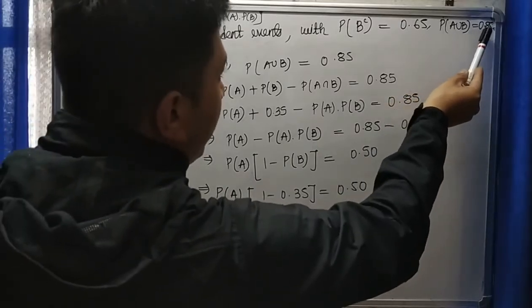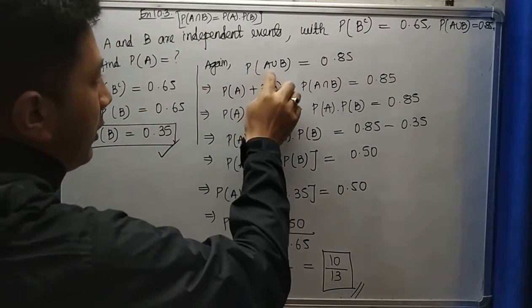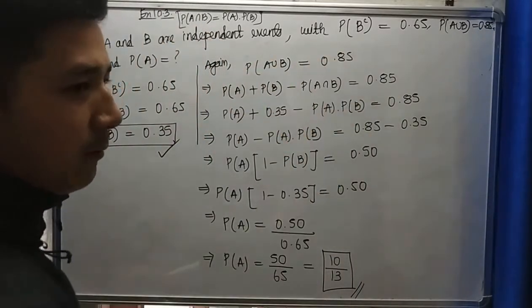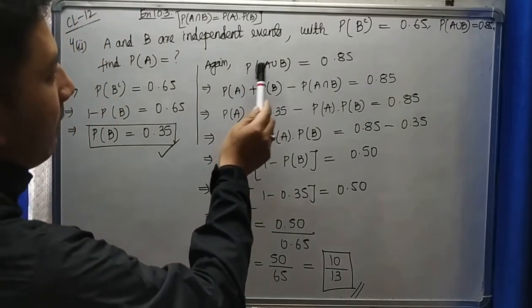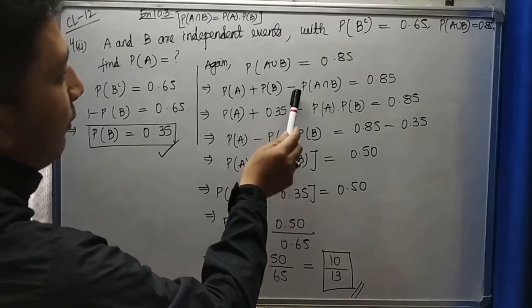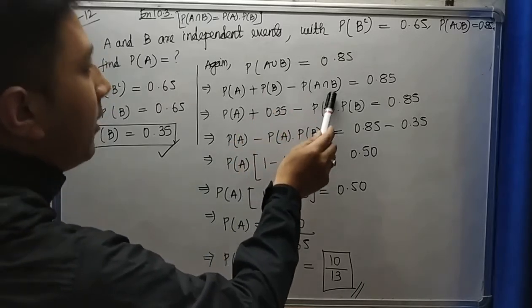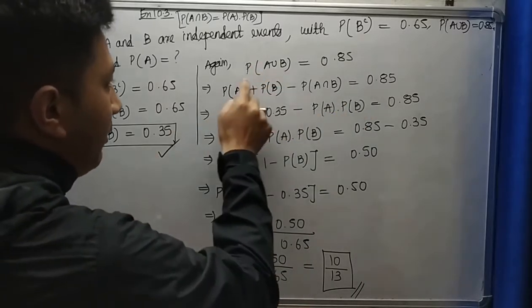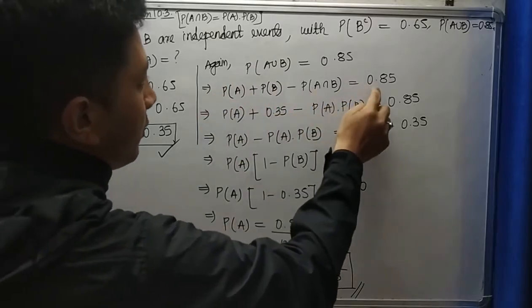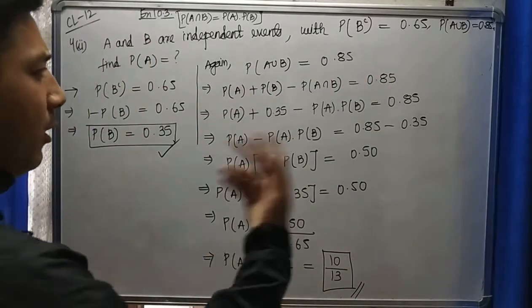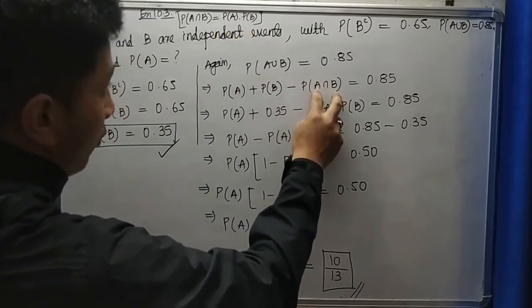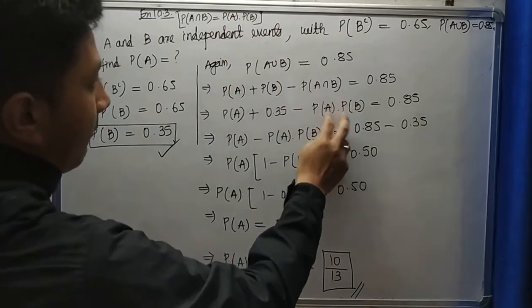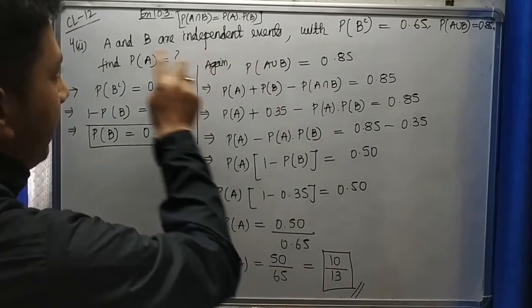Probability of A union B is 0.85. Do we know the formula for union? Obviously yes. Probability of A plus probability of B minus probability of A intersection B. In place of A union B, I can use this formula, which is equal to 0.85. Now I already know A intersection B is equal to P of A into P of B, because these two events A and B are independent.